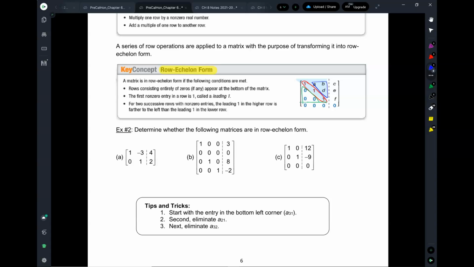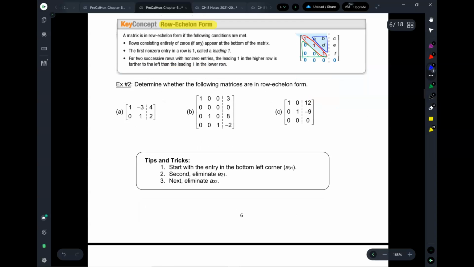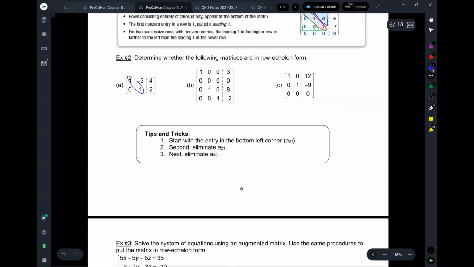So speaking of here, A, B, and C, we want to see whether the matrices as they stand now are in row echelon form. The first one, main diagonal, underneath everything is 0. So yes, it's in row echelon form. This one is not in row echelon form, because you don't have a main diagonal of 1s.